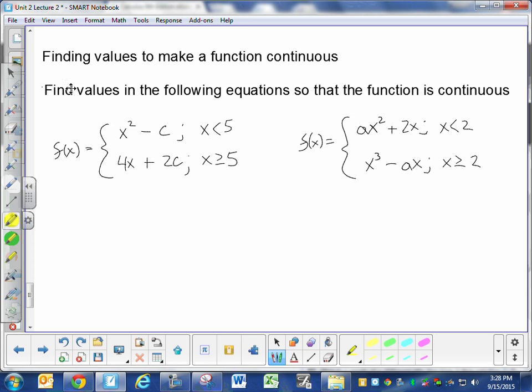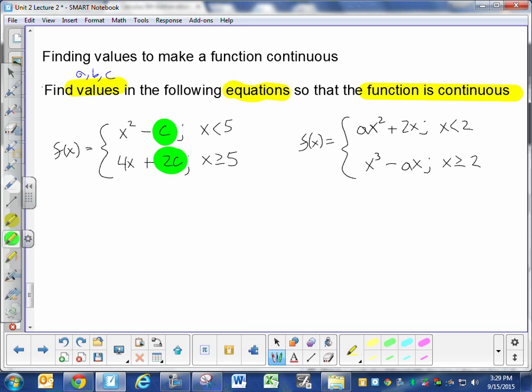So this says find the values in the equation so that the function is continuous. What do they mean by values? Well, they don't mean x's because we can plug in anything for x. They mean like this c value or this a value.